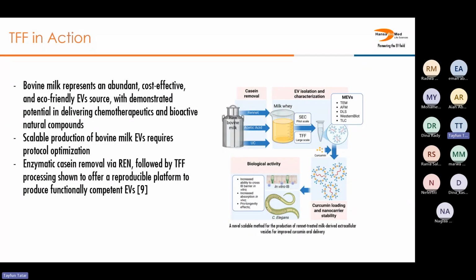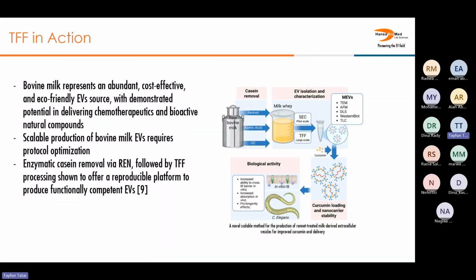And finally, in this last example, our starting material as EV source is bovine milk, which represents an abundant, cost-effective, and scalable EV source, and it demonstrated good potential in chemotherapeutics or bioactive natural compound delivery. However, the problem is their scalable production from bovine milk resource, as it requires protocol optimization.